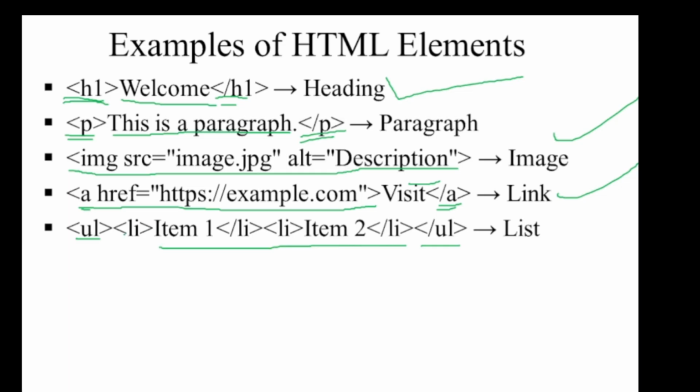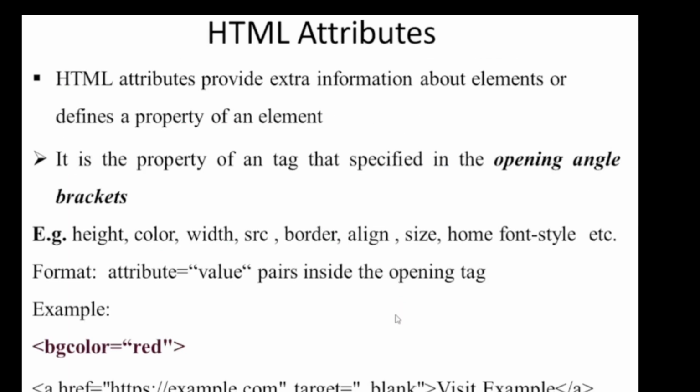If you take list item, this is opening tag for list item. This is closing tag for list item. This is the content. The same thing, list item opening tag, and this item 2 is the content. So this is the close tag. You have to know all these minor elements.